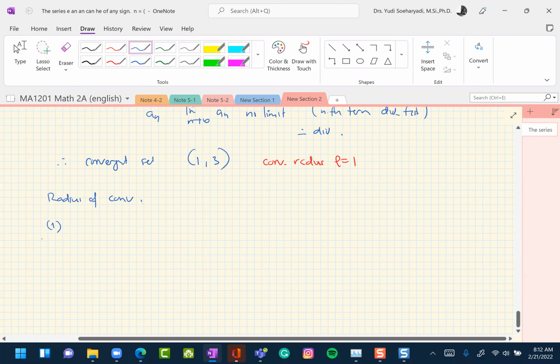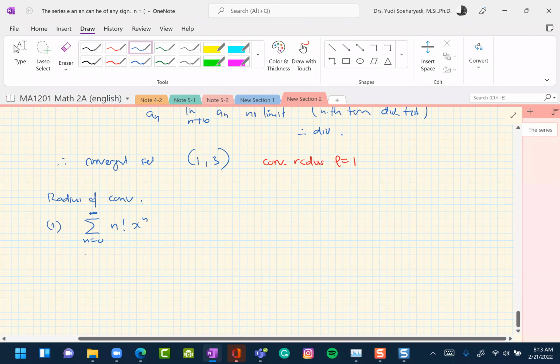There are 3 types of convergence radius. For example, just this one, centered at 0, that's easy. Or I get something more extreme, say this one. Okay, so let's check here.